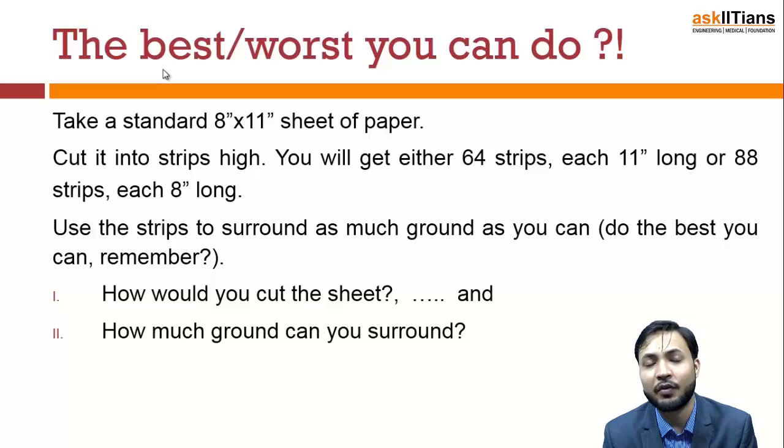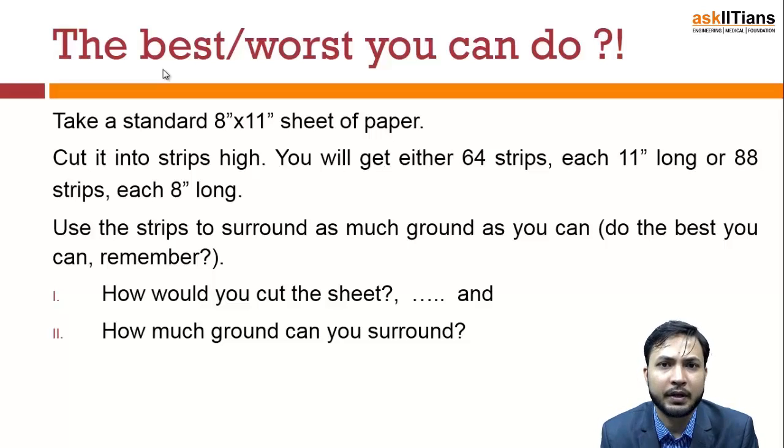The main motive over here is to know what is the maximum that you can do. By maximum, it is a little difficult to understand at this part. Let's assume you have 64 strips on one side and 88 strips on the other side. If you use those strips to cover a particular ground or area, you will have different areas. In one case you will have, let's say, x meter square, and in the other case y meter square.